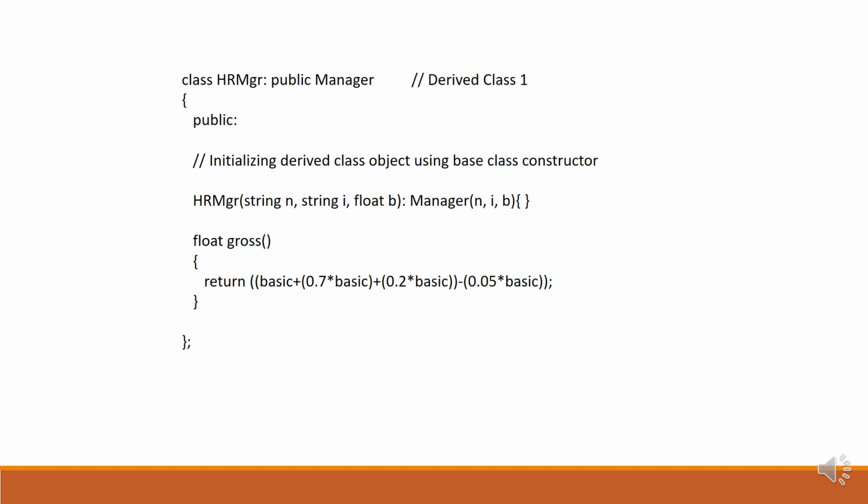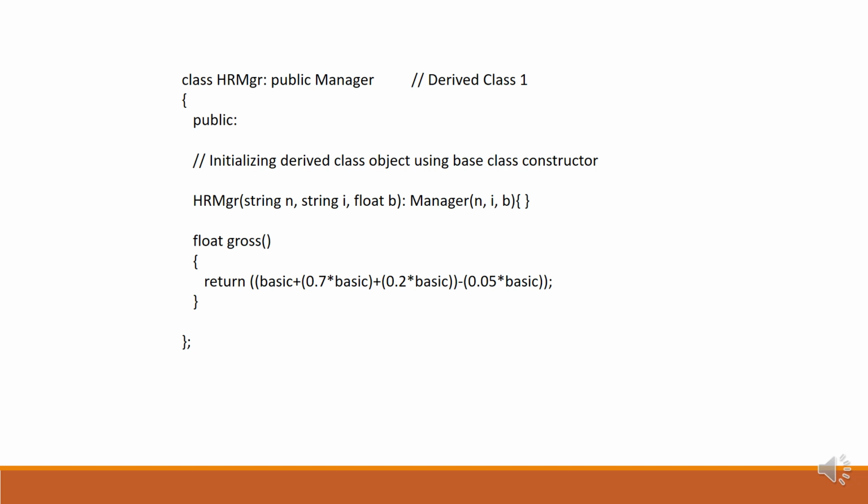We have the first derived class, HR manager, and we have used the mode of inheritance as public. Class HR manager colon public manager. This means that the public members of the manager class will be public in the HR manager class, and the protected members of manager class will be protected in HR manager class.